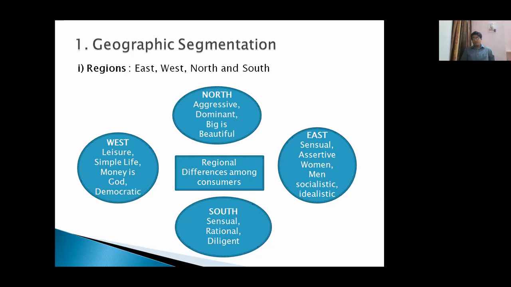East, people there are sensual, they are assertive, they are socialistic, and idealistic. Coming on to South, people are sensual, they are rational, and they are intelligent.